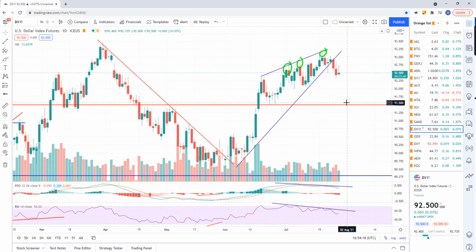Now, ways to play this if there's a surprise, which I think is a very low probability event. But if there is a surprise, if the Fed hikes, if they say they want to hike interest rates 0.25%, or if they lay out a plan for reducing their bond or mortgage-backed security purchases, here are ways to play it.